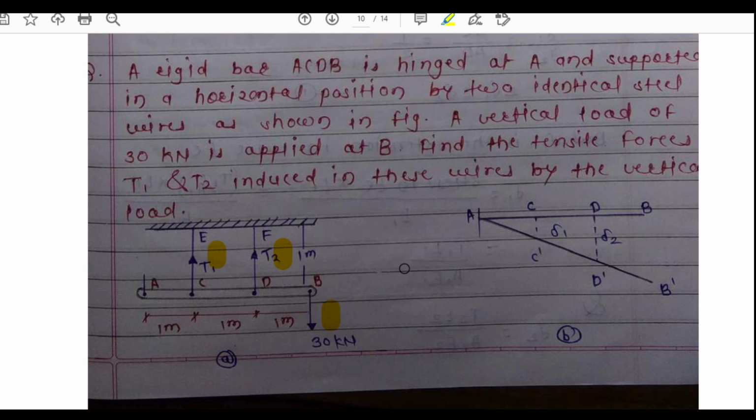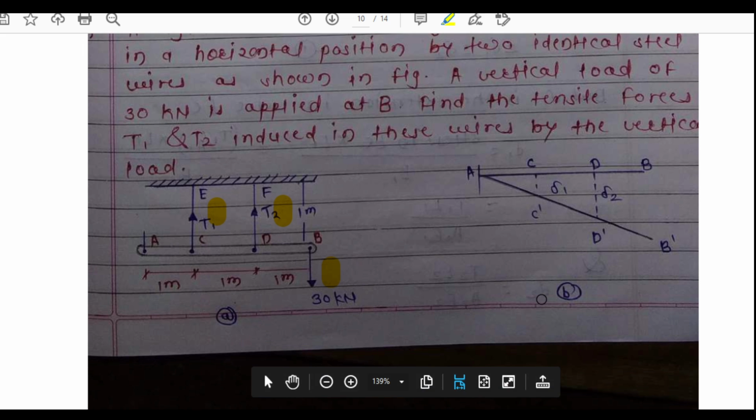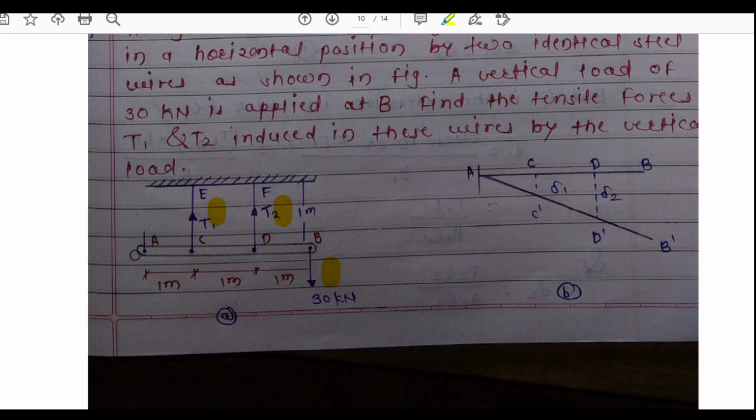Figure A shows the steady position and figure B shows the position when the 30 kilonewton load is applied at that end. This end is not supported or fixed, so when 30 kilonewton is acting, A will shift towards the upper direction.